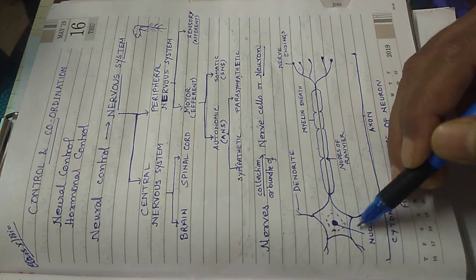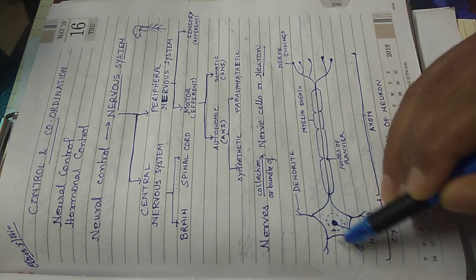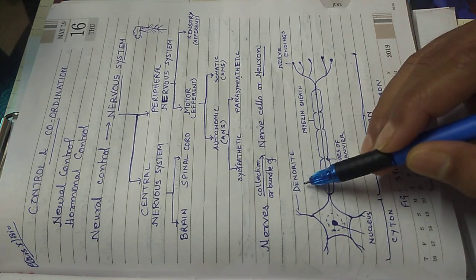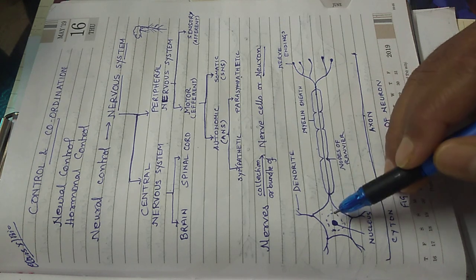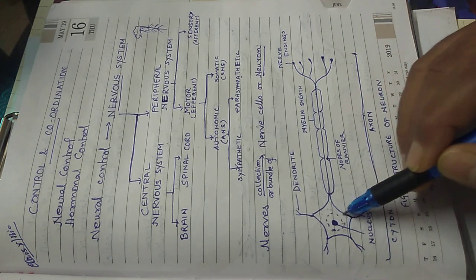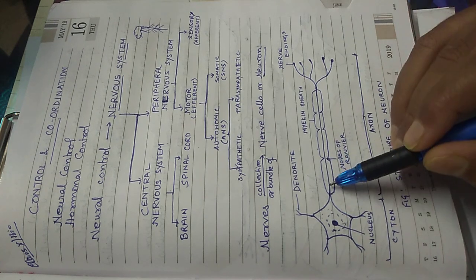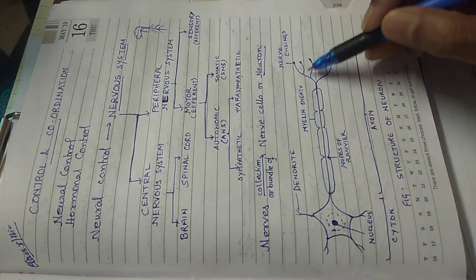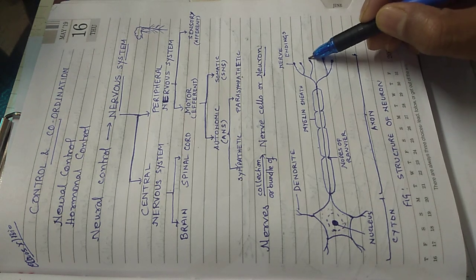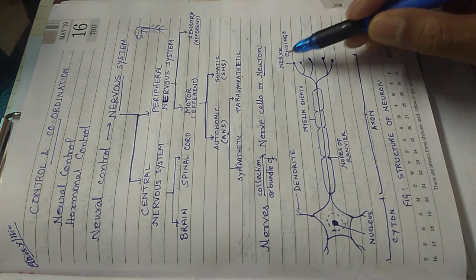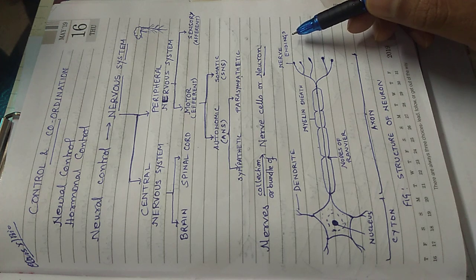Now this cyton or the cell body has fine hair-like projections. These hair-like projections are called dendrites. Since this is the cell body, it will have cytoplasm, and in the cytoplasm there will be the nucleus, and this axon will end in some root-like structures with bulb-like ends, and these root-like structures are called nerve endings.